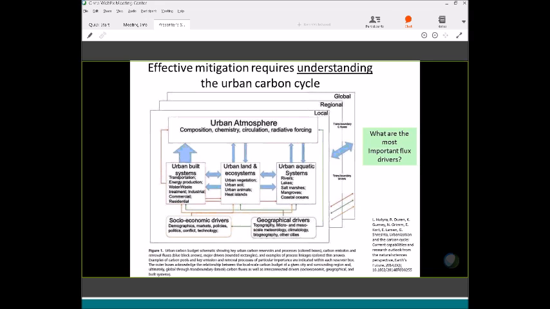It's urban ecosystems. It's urban aquatic systems for most cities. Most cities happen to be on water bodies. And then it's all the drivers, the socioeconomic drivers and geographical drivers. This is what I meant at the start of this talk by saying it's not something that a single discipline can address. It truly is multidisciplinary, and this is something we've written about with some of our colleagues in the social sciences and engineering.